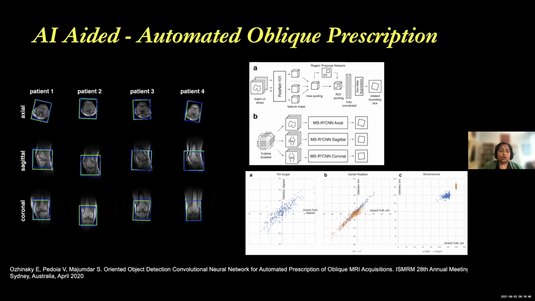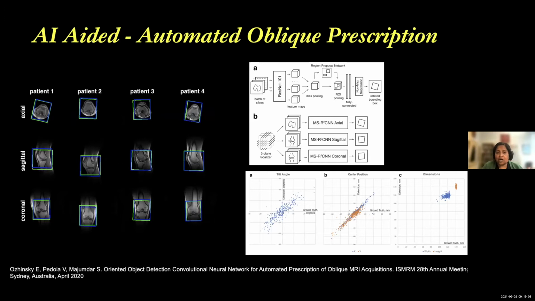Again, depending on the reason the person is there for a scan, we have developed an automatic oblique prescription model, which can take essentially these localizers and put bounding boxes. The teal boxes are those that were actually prescribed by the technologist, and the dark blue is by the model.